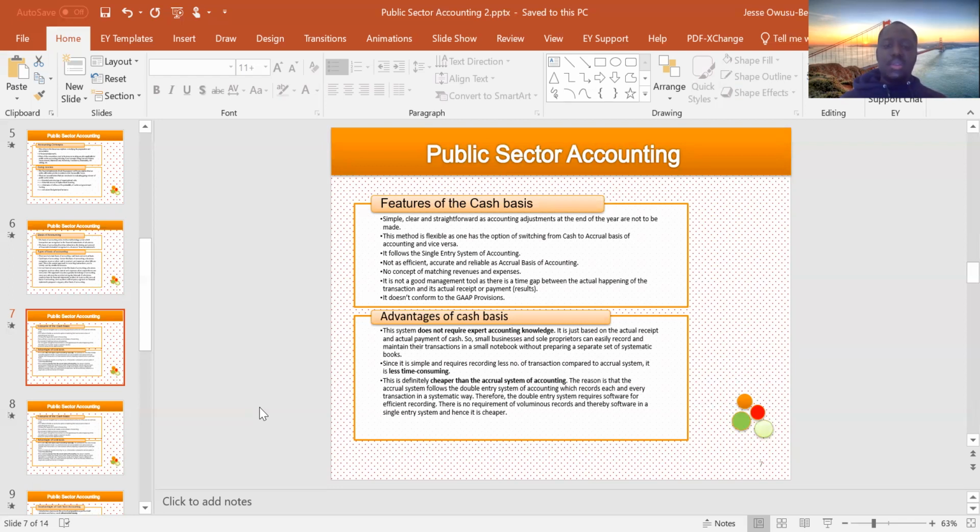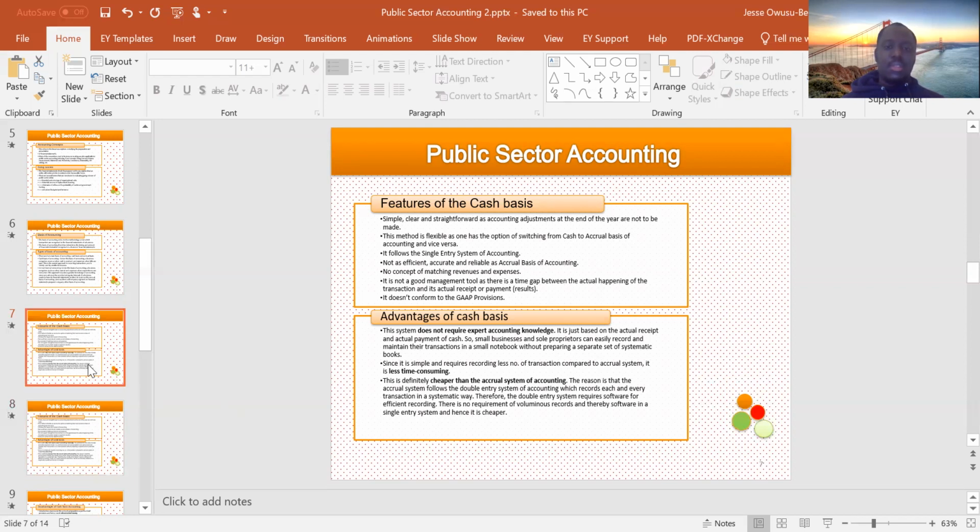And it's also cheaper, because the accrual system follows the double entry system, which records transactions in a very systematic manner, and so may require software to do that for you. Under the cash basis, transactions may not be that voluminous, and it's also a single entry system. And so it might be a lot cheaper compared to the accrual basis.